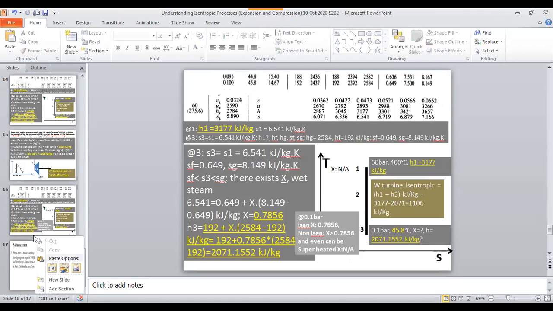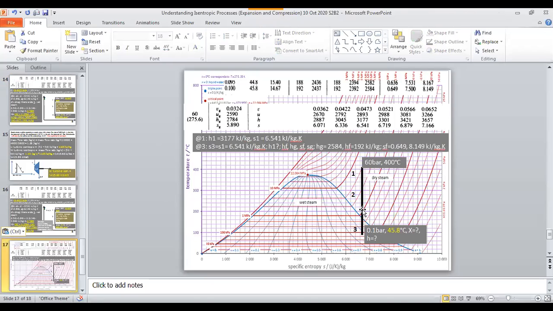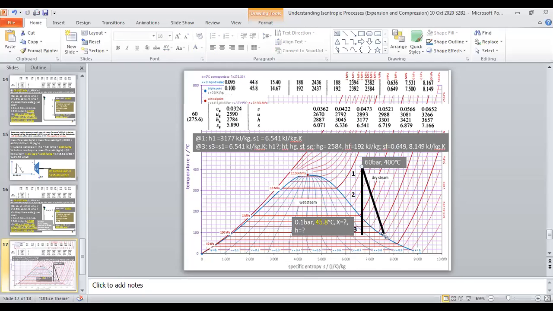How come not applicable? It is because of this. It means it cannot release the entire energy.